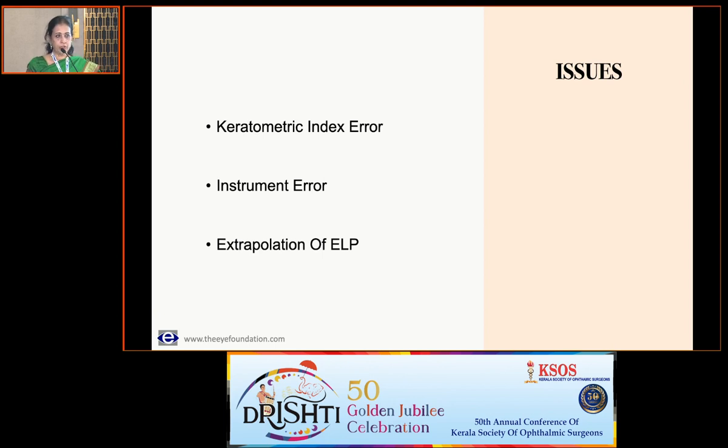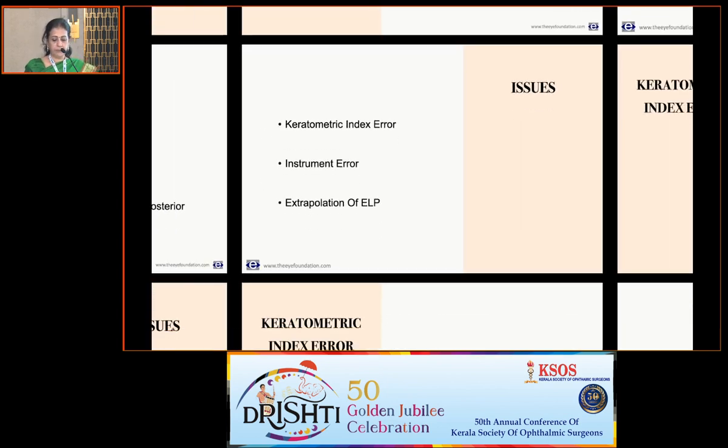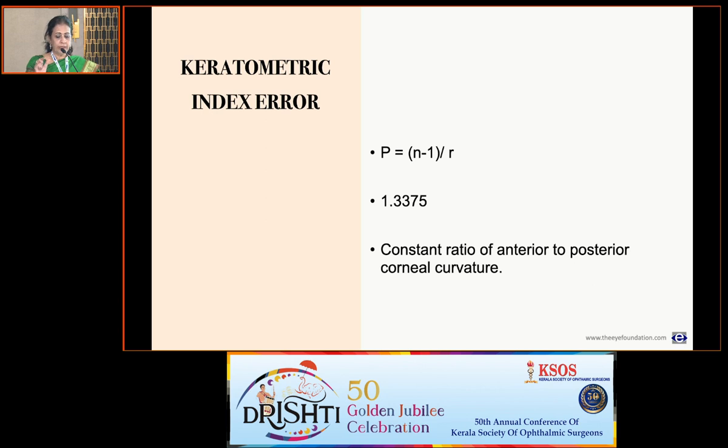When we talk of keratometric errors, it could be a keratometric index error, an instrument error, or an extrapolation of ELP. Now, keratometric error: the radius of curvature has to be converted to power in diopters, and this is the formula which is used, where n, the refractive index, is a fictitious value of 1.3375, which was arrived at so that for an average eye of 45 diopters, the radius is equal to the power.